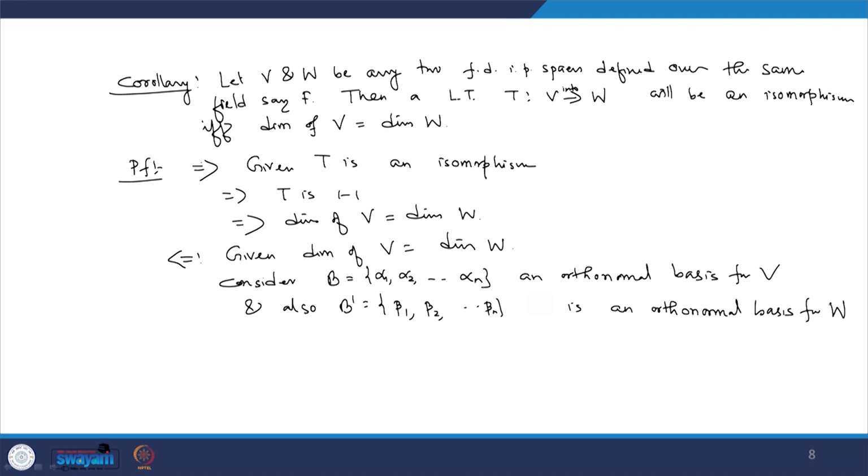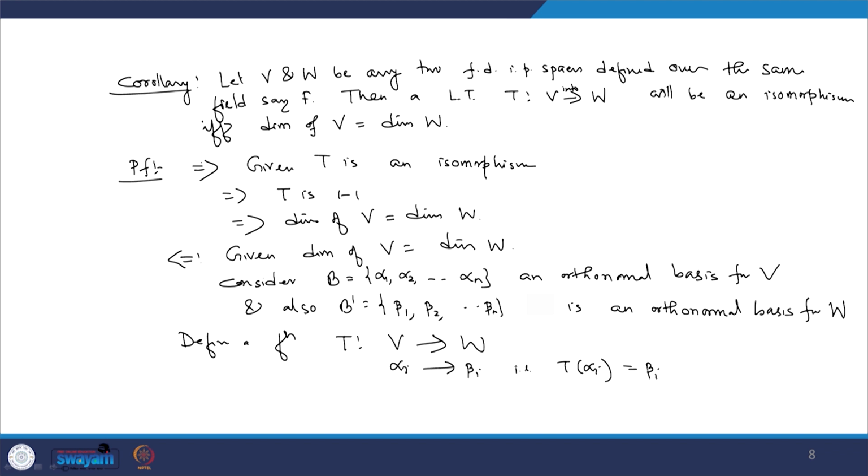So, using the Gram-Schmidt orthonormalization procedure, one can have the corresponding orthonormal bases. So, now let me define a function T from V into W which maps alpha i to beta i, that is T of alpha i equal to beta i.